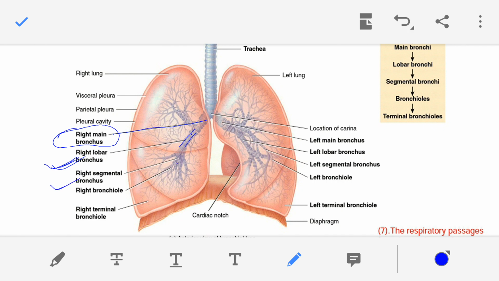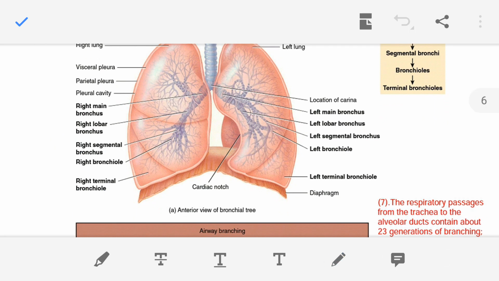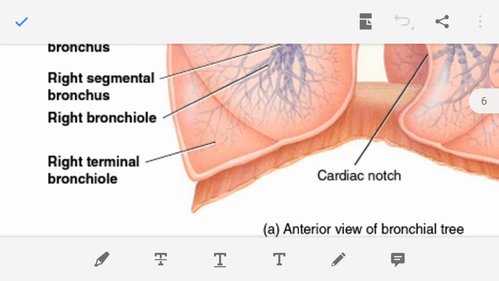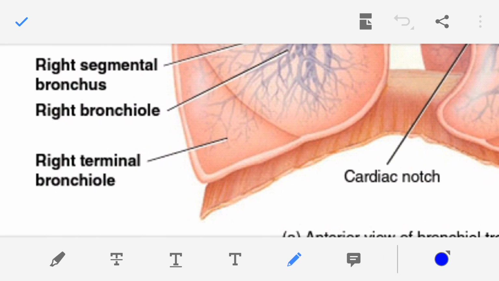Then from this lobar bronchus there are branches known as the right segmental bronchus. Then the right segmental bronchus divides into many branches known as right bronchioles. Then from the right bronchioles still smaller branches arise, known as right terminal bronchioles. And you see, the right terminal bronchioles are very tiny ones.